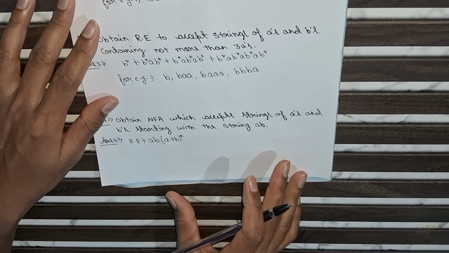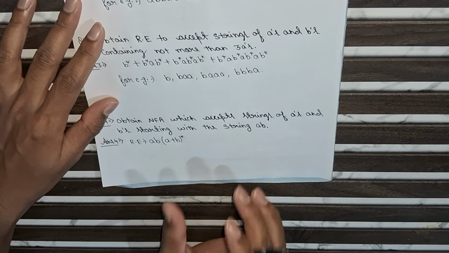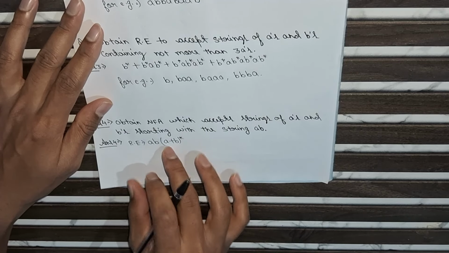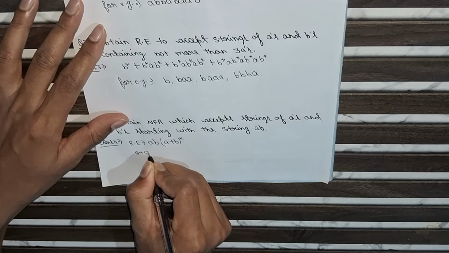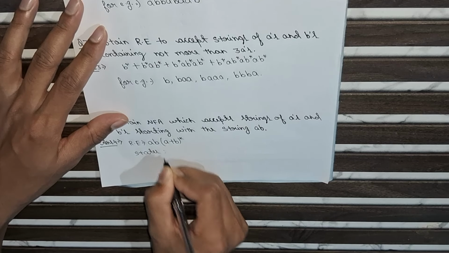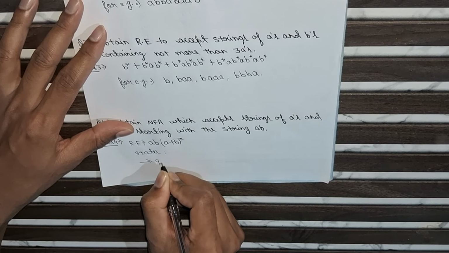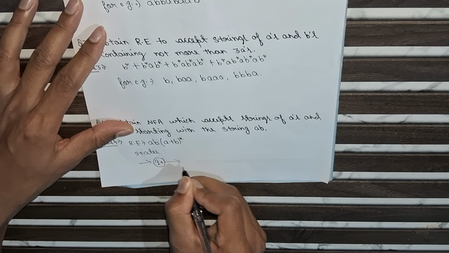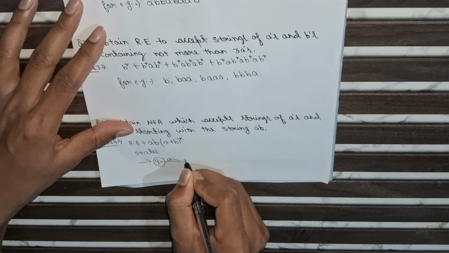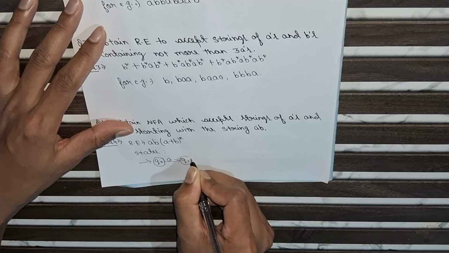Now what we have to do? Firstly we have to make a transition diagram for this regular expression. So states: we have q0, the first state, the initial state, and at the input symbol A it is going to q1.